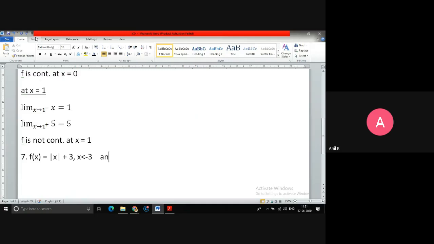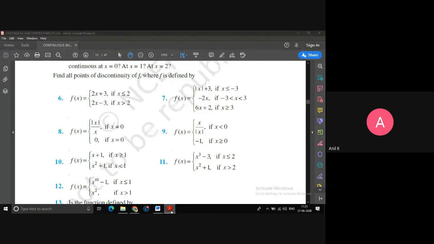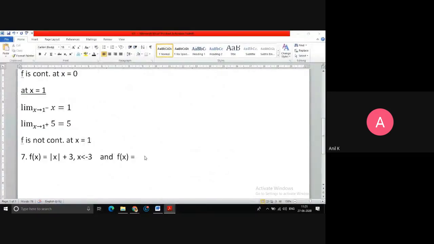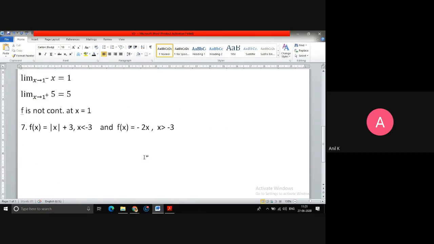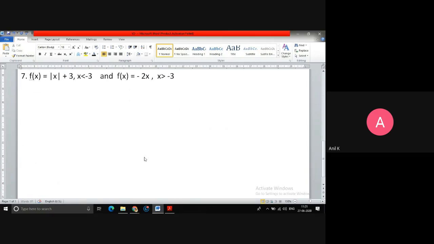And the second step I'll write is, f of x equals to, what is the next function given? Minus 2x. F of x equals to minus 2x when x is greater than minus 3. So these are the two steps they are given as.